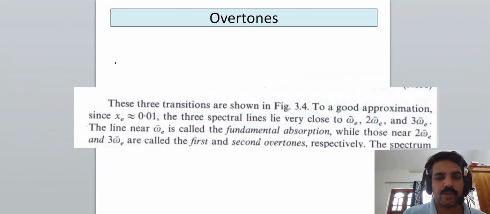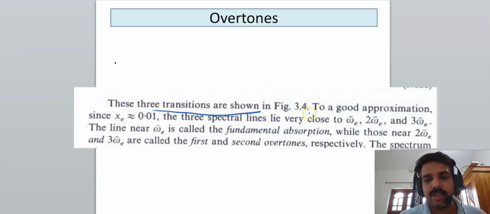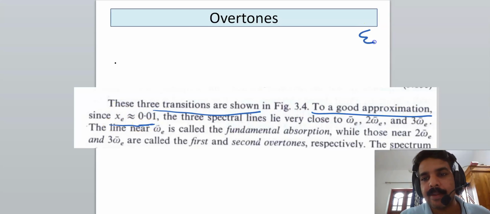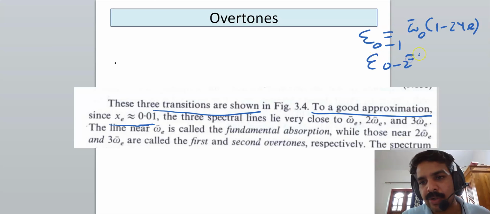Yes, overtone. To a good approximation, for E 0 to 1, the fundamental band, we get ω̄e(1 − 2xe). For E 0 to 2, the first overtone, we get 2ω̄e(1 − 3xe).